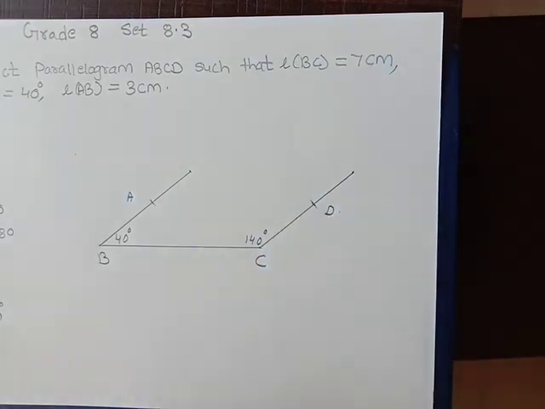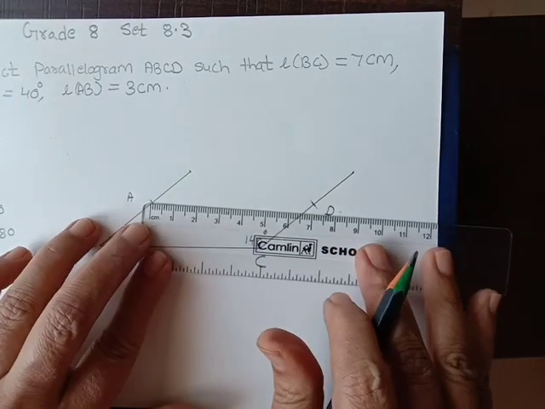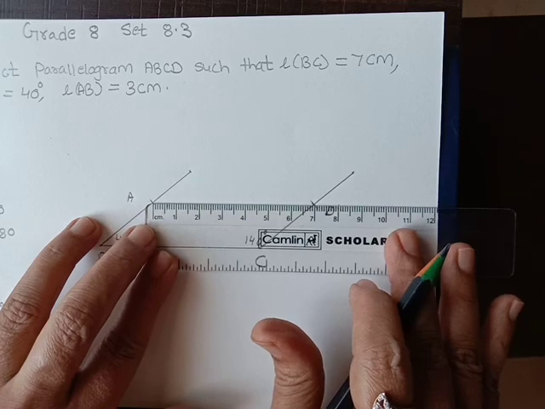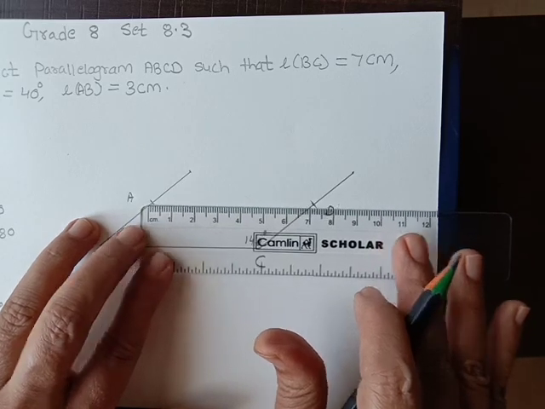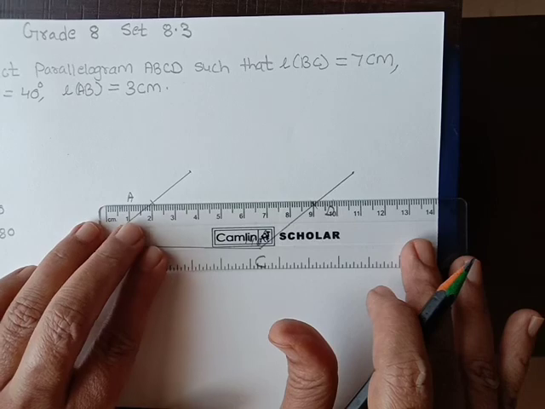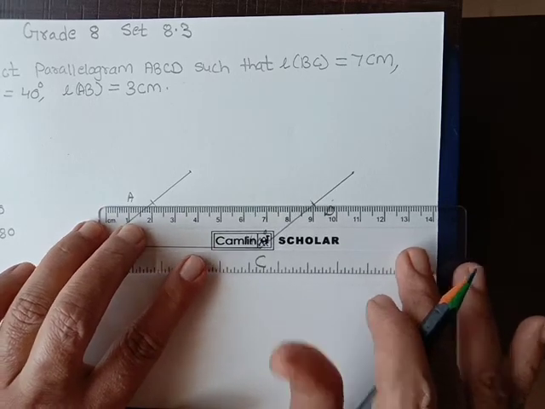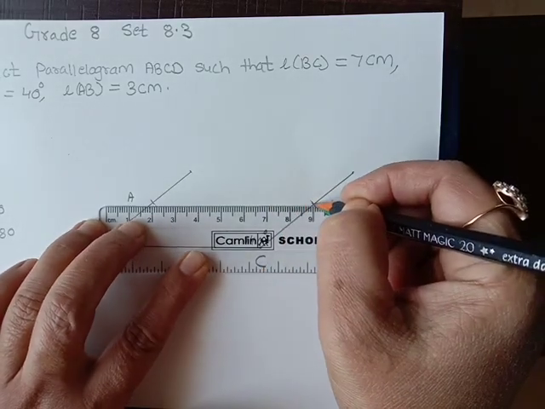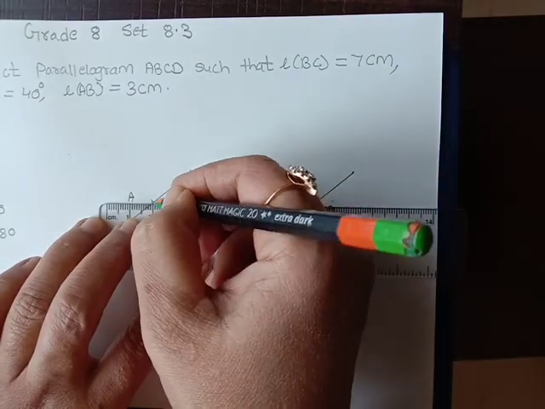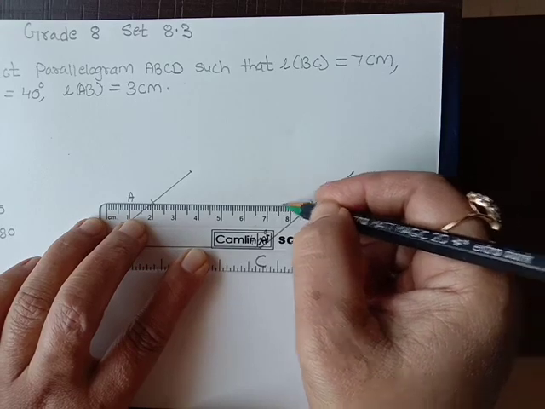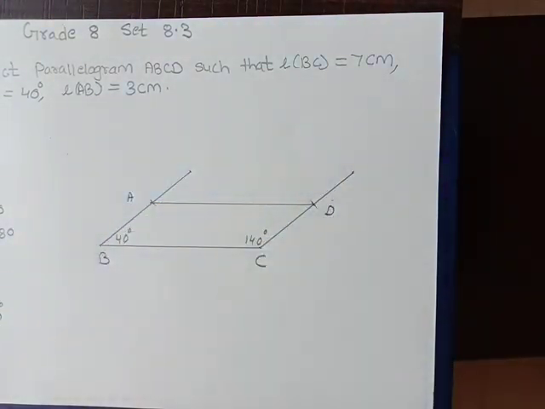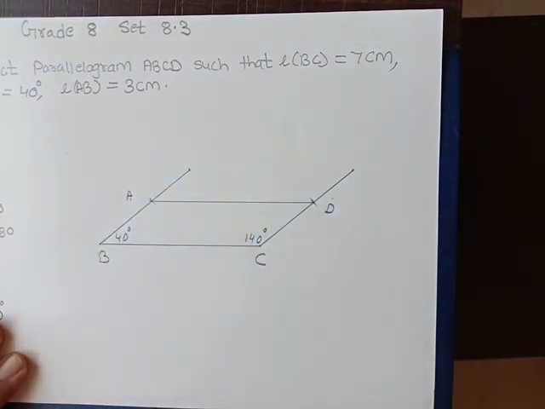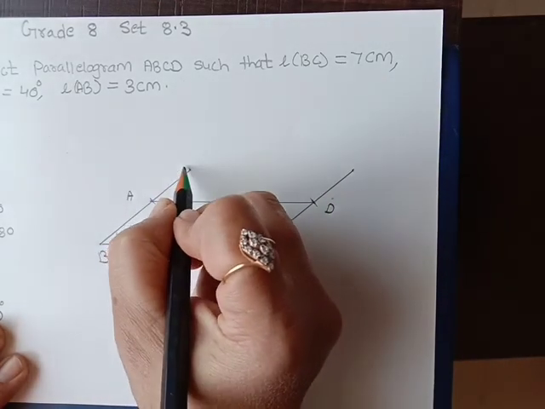Now join AD. And see, it also comes exactly to be 7 centimeters. Can you see that? So opposite sides are equal. Now for joining purpose, I am moving the scale. Be very careful. See, so your ABCD is your required parallelogram.